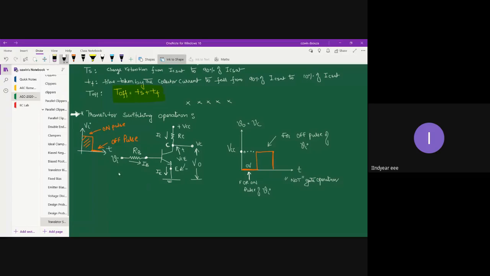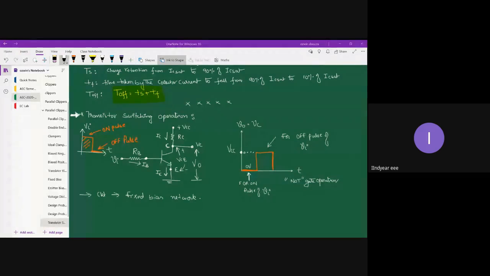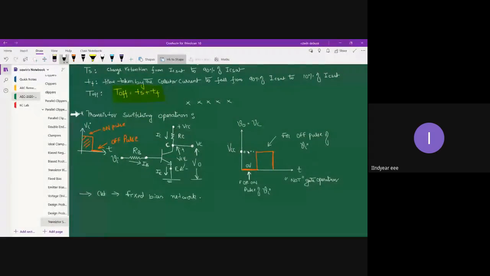This particular circuit follows a fixed bias network. You can clearly observe that the base is connected with RB, the collector is connected with RC, and the emitter is directly held at ground potential. So it's a fixed bias network.